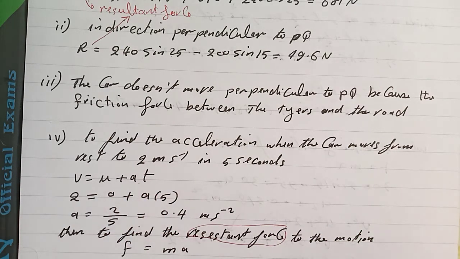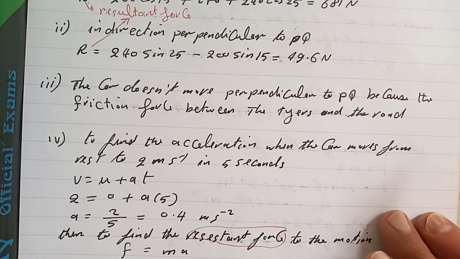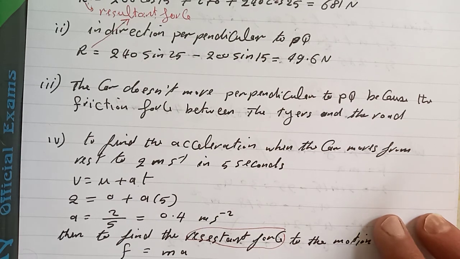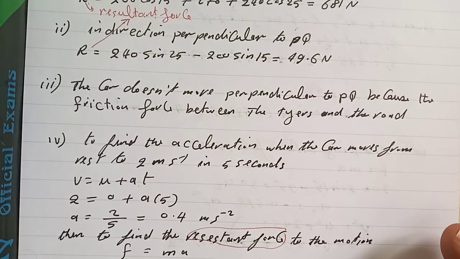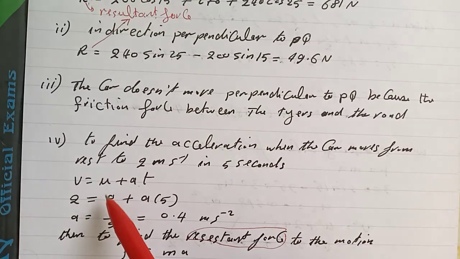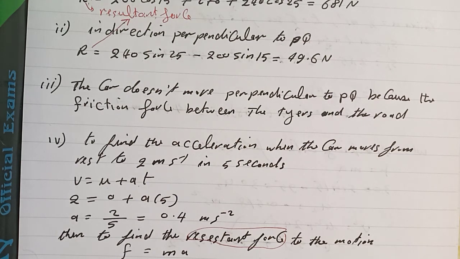V is the final velocity, U is the initial velocity, because he said that initially the car is stationary and 5 seconds later it has a speed of 2 meters per second.